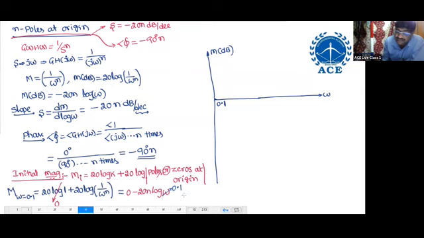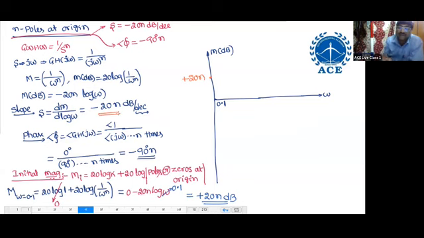So now tell the answer. What is the answer? Minus 20n log 0.1 is plus 20n dB. So at 0.1, the plot should start at plus 20n. Then we have to draw a line with a slope of what?